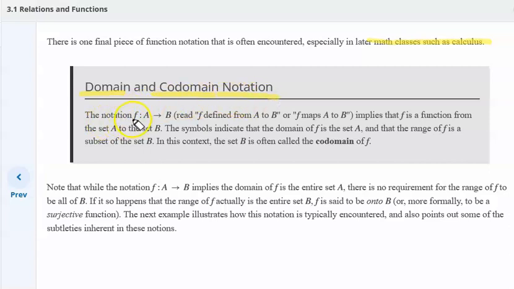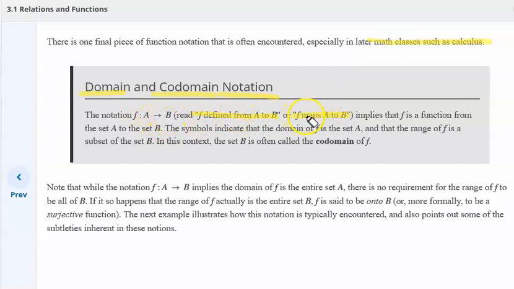The notation F: A → B reads "F defined from A to B." That sort of makes sense. From A to B, or F maps A to B.